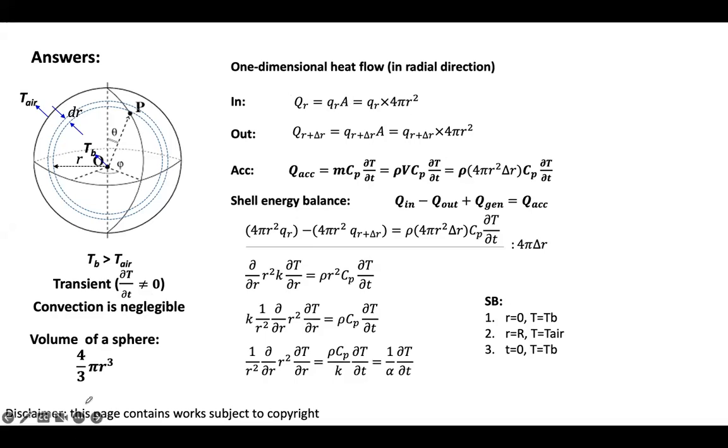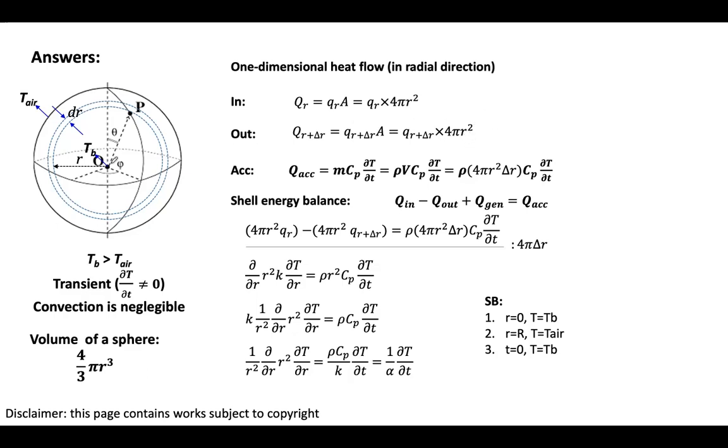So the Q in is Q_r, and the area is the surface area of a sphere, which is 4 pi r squared. And the Q out is also Q at r plus delta r. We can write it here also like that.